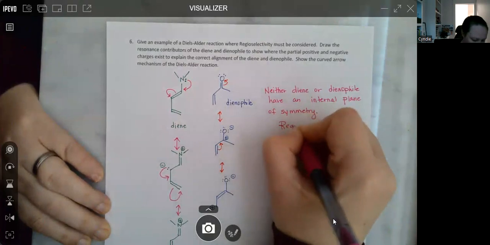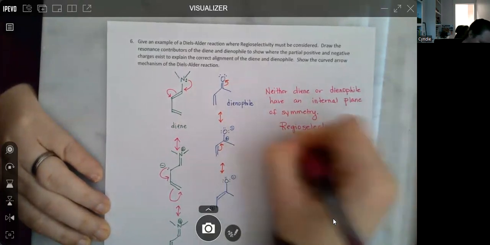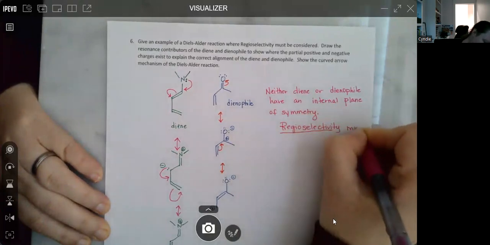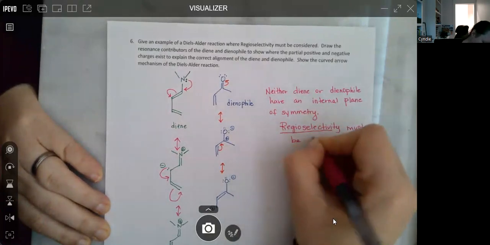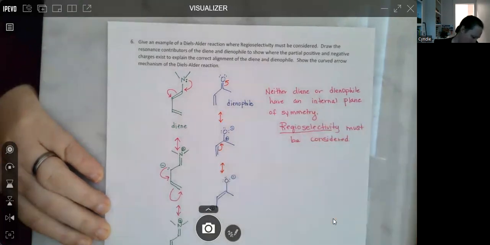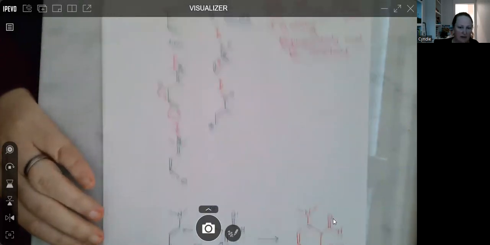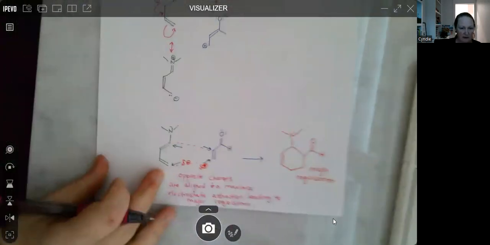So in this case, regioselectivity must be considered. We drew the resonance contributors. We showed the positioning of the partial positive and negative charges, which explained the correct alignment of the diene and dienophile. We did that down at the bottom.